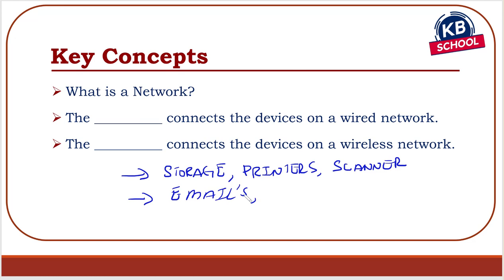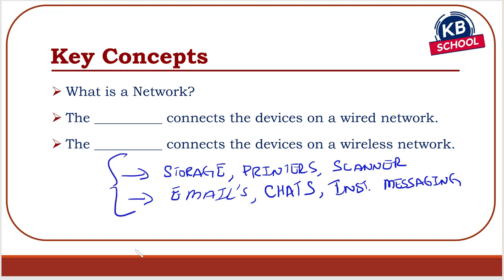You have videos on that on the internet. That's information sharing. So emails, chatting with your friends, that's another aspect of information sharing. Chats. You have instant messaging like WhatsApp. All the different types of things that you can do on the internet or on a network.